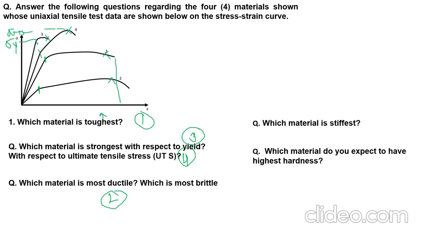So material 3 is more brittle. Why? Because for the others you tried to give plastic deformation and they endured for a longer time, same for 2, 1, and 4. But for 3, once you gave a small amount of plastic deformation, it fractured. So it just became brittle.